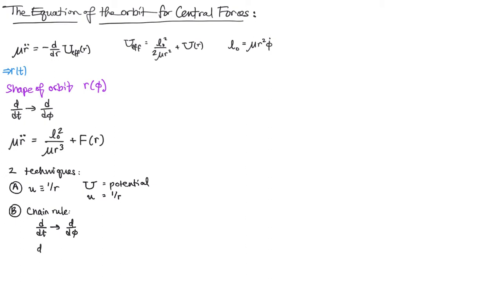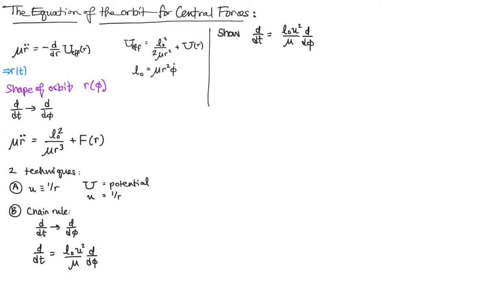And specifically what we're going to find is that d dt is equal to L naught u squared over mu d d phi. And we'll work out why that is in a minute. Once we have those two conversions, we're going to apply them to this time differential equation and convert it into a differential equation with respect to angle.